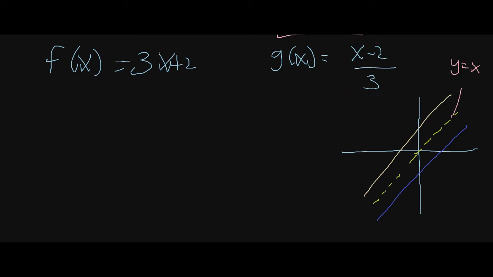If my original function moves over here, and I do the inverse, I do the opposite of what it did, and it should go right back to our starting point, which is y equals x. That may seem intuitively difficult to understand, so let us actually go about doing this.